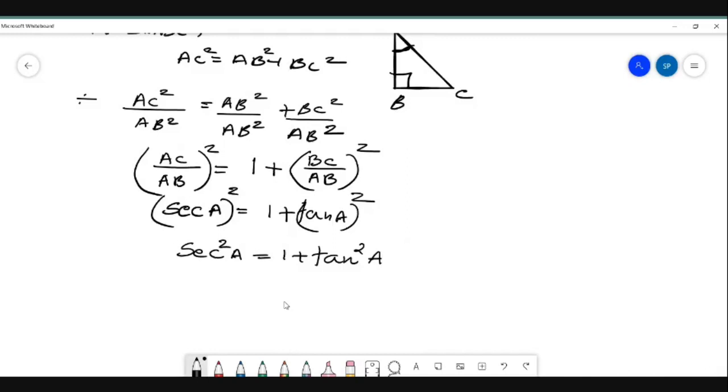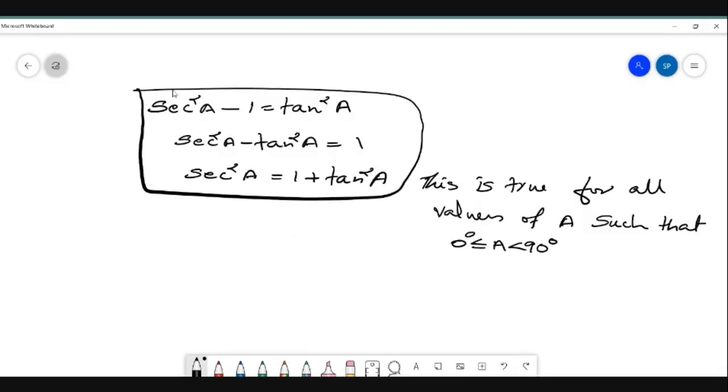So let us write the other identities. Now we have sec square A minus 1 equal to tan square A, sec square A minus tan square A equal to 1, and sec square A equal to 1 plus tan square A. We know that sec and tan are connected like this: sec square and tan square are related.